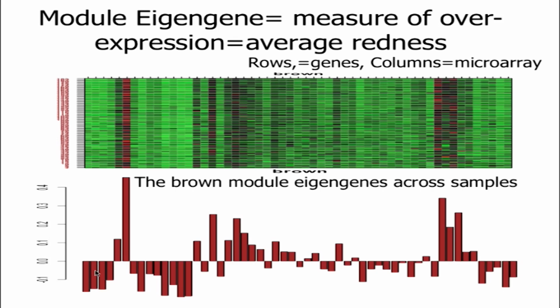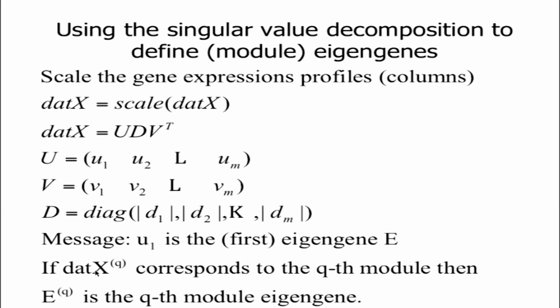It is the mathematically optimal way of summarizing the gene expression values of the module genes. For the experts who like that type of stuff, I mentioned that mathematically we define the module eigengene using the singular value decomposition.